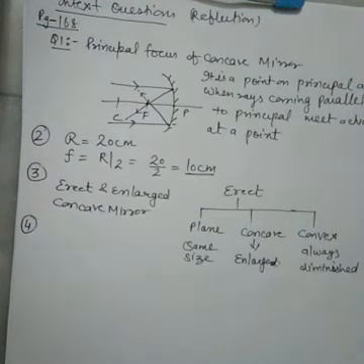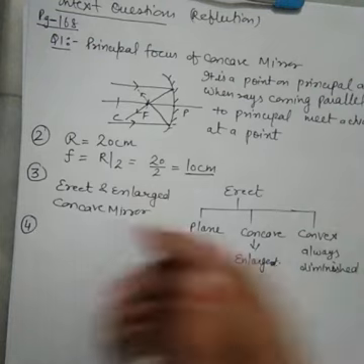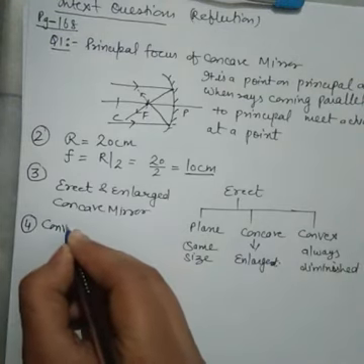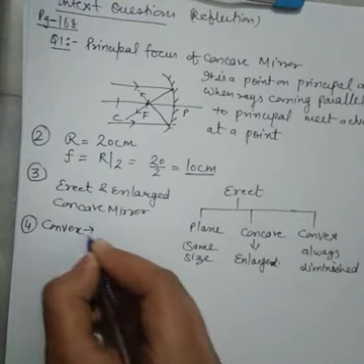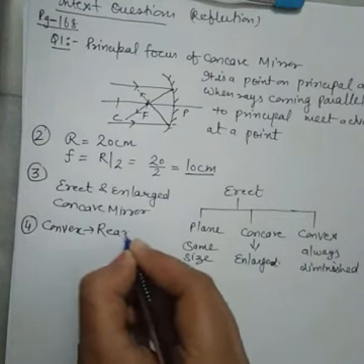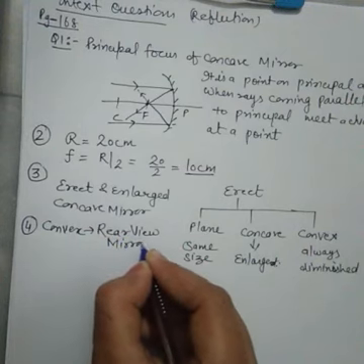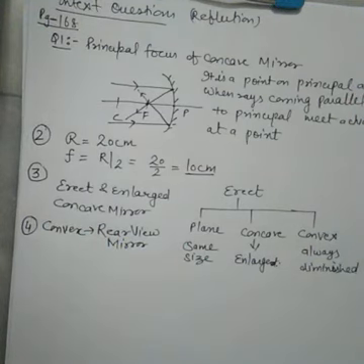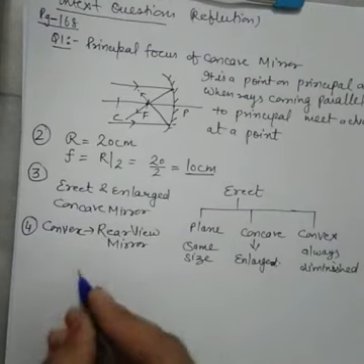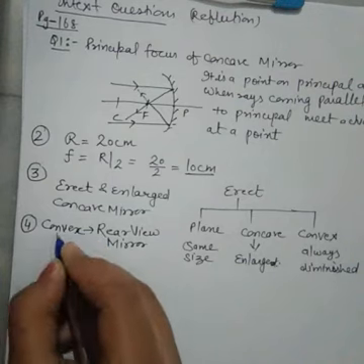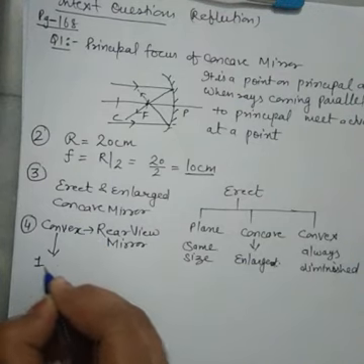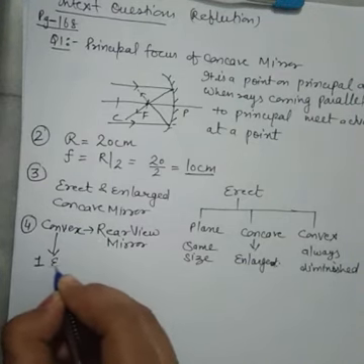Question number 4 is, why do we prefer convex mirror as a rear view mirror? What do you mean by rear view mirror? A mirror that is used to see the image of vehicles which are at the back. Why do we prefer convex? Because it always produces an erect image.